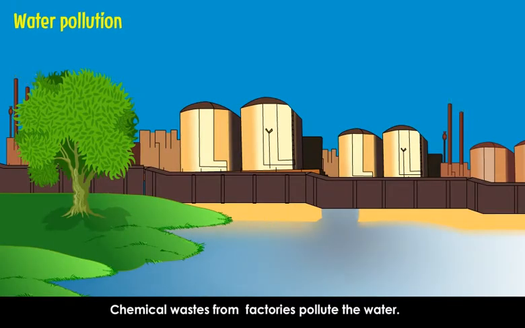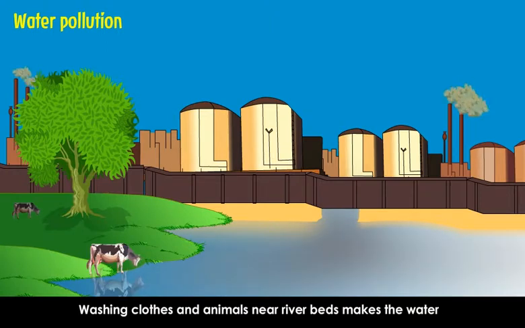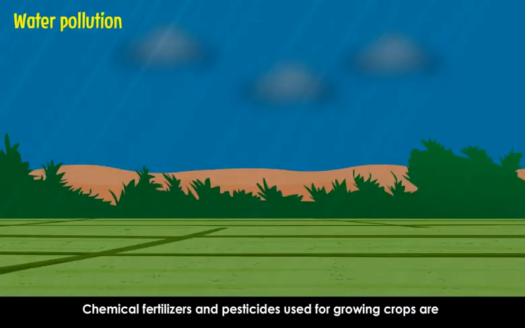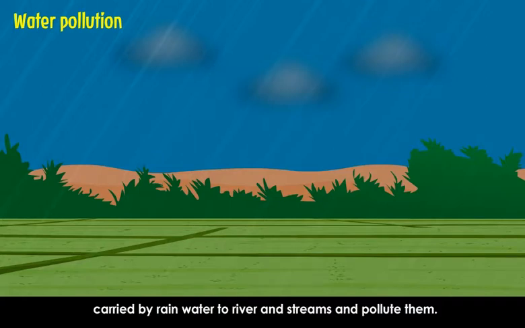Chemical waste from factories pollute the water. Washing clothes and animals near riverbeds makes the water dirty and unfit for use. Chemical fertilizers and pesticides used for growing crops are carried by rainwater to rivers and streams and pollute them.